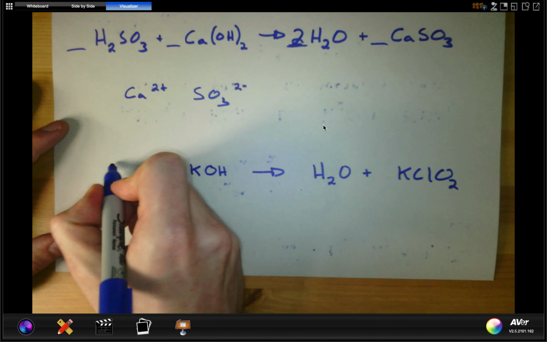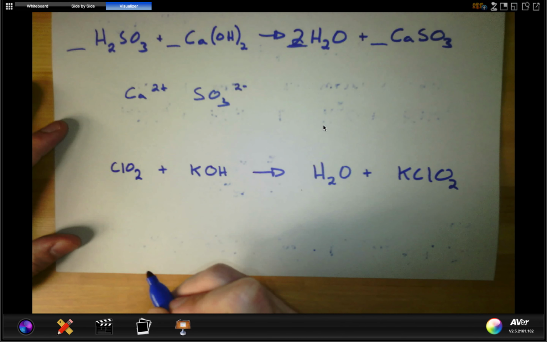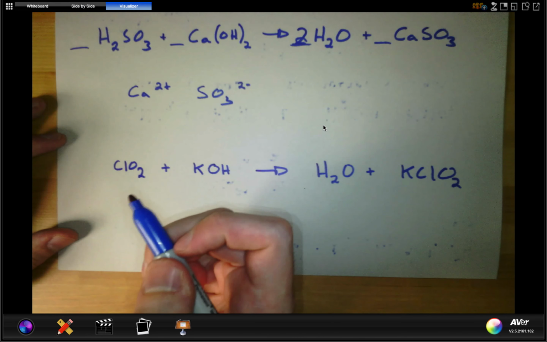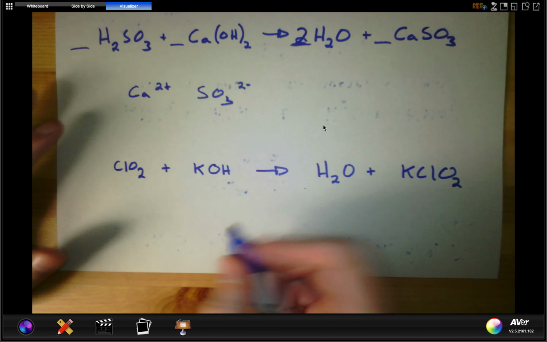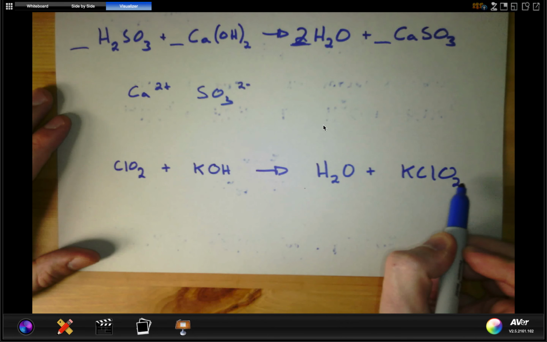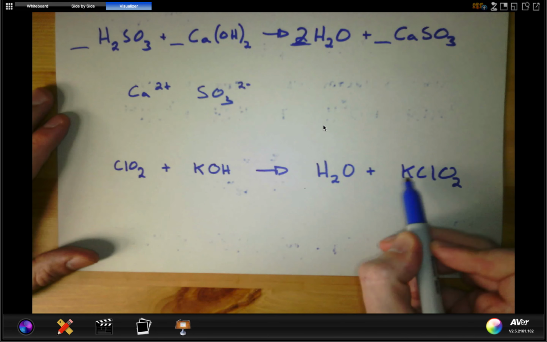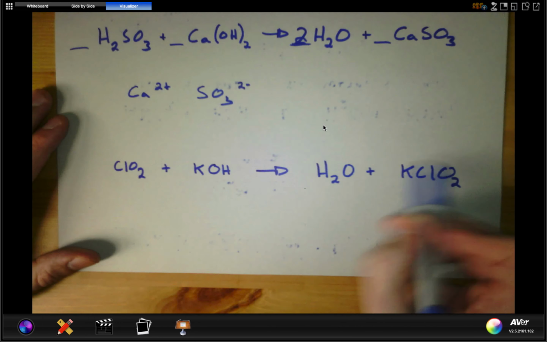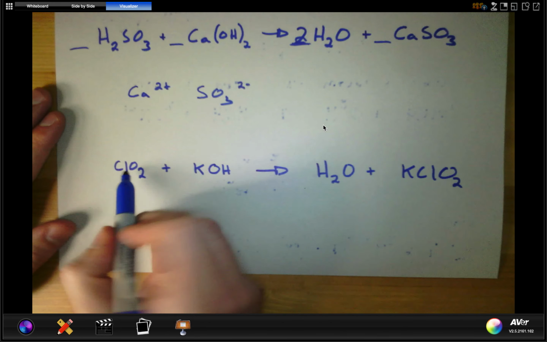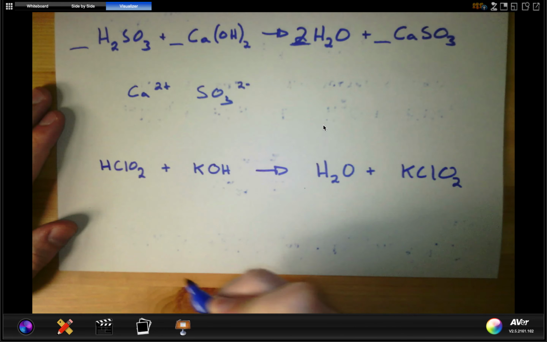It has to be an acid, so there's going to be a hydrogen in front. I just want to make sure I write the right formula. I can tell from this formula that ClO2 must have a 1 minus charge because potassium is 1 plus and this is neutral. So if this is a 1 minus, I only need one hydrogen in front to make this an acid.